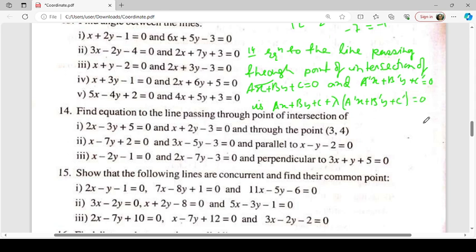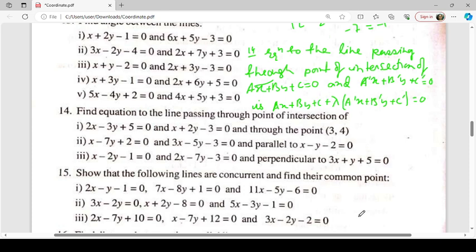So this is a formula. Our ax plus by plus c is this one, and a dash x plus b dash y plus c dash is this one. So we write the general equation and then we put the point 3, 4 here, and we get the value of lambda.